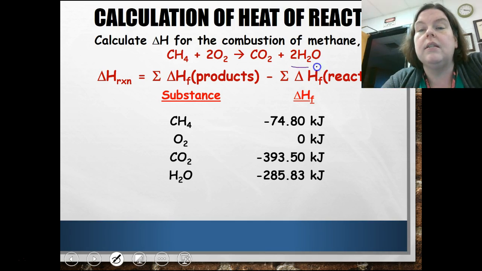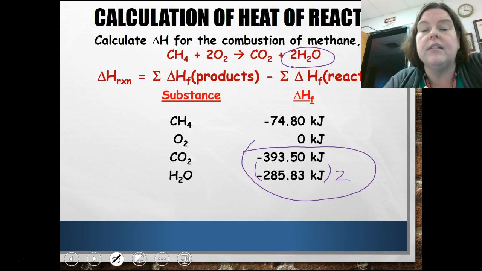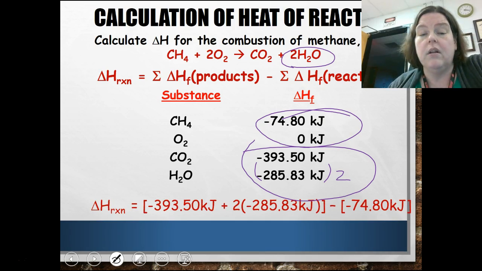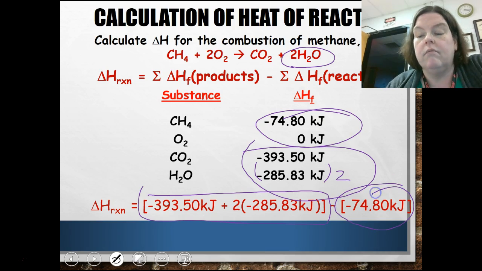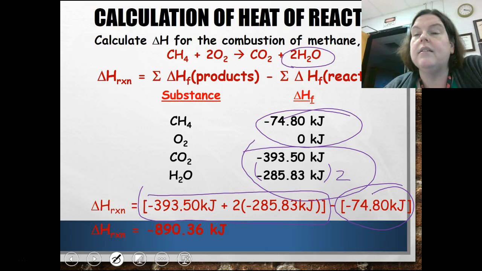So we can see that this one right here is multiplied by 2, so that one has got to be multiplied by 2 as well. Then I'm going to add these two pieces together for the sum of the products. I'm going to add these two pieces together for the sum of the reactants. I'm going to subtract them from one another. So this is the sum of my products right here, and then minus the sum of my reactants right here. And I get minus 890.36 kilojoules.